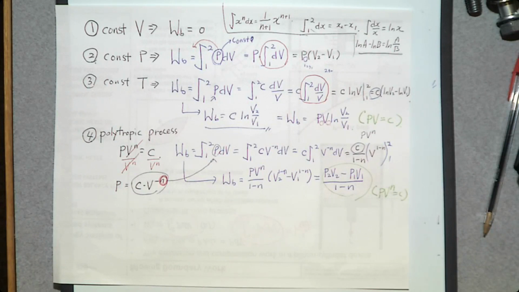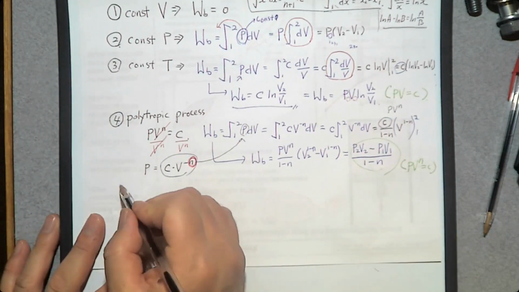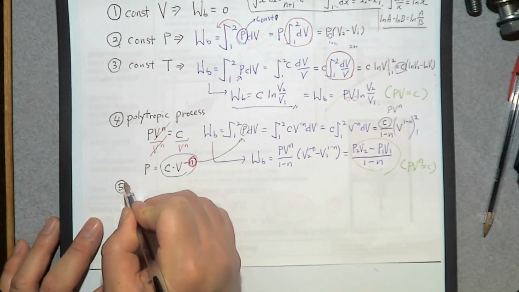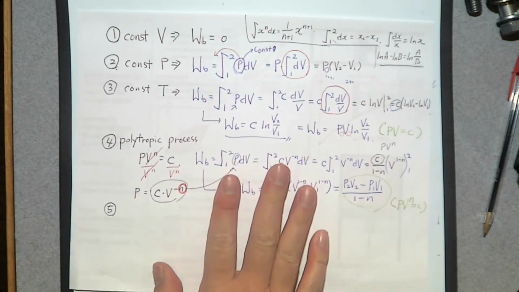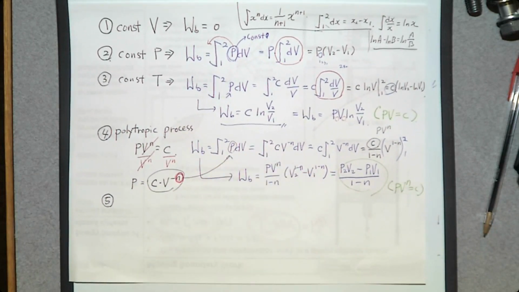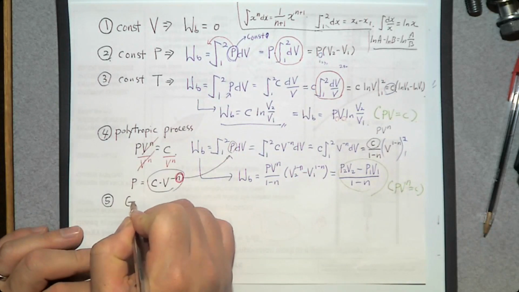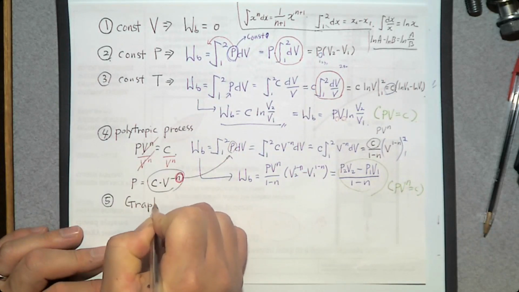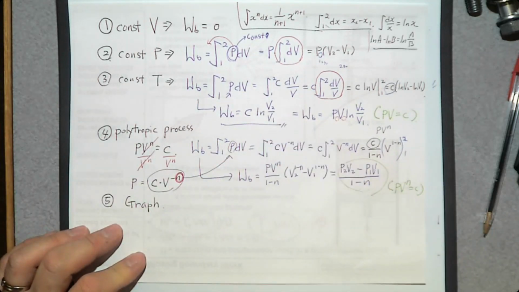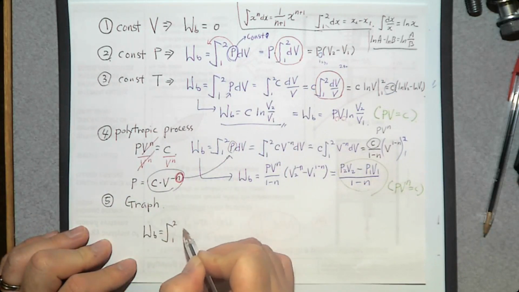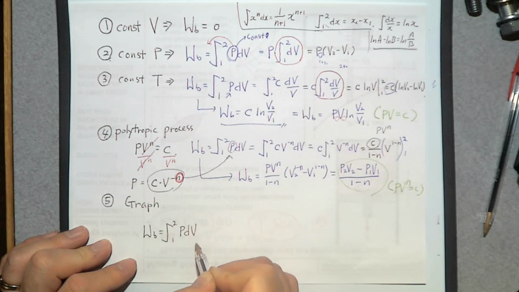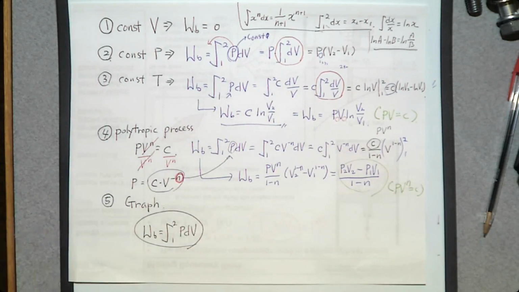Then let's find one more way to determine this moving boundary work. I'm pretty sure that you didn't like this mathematics. So let's use a graph. So now we have a graph. How do you determine this WB, the integral of PdV, on a graph?